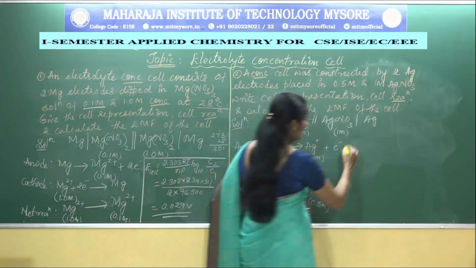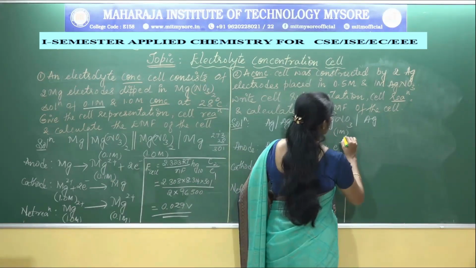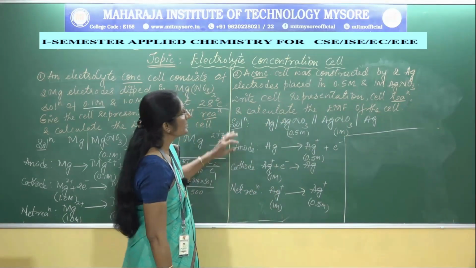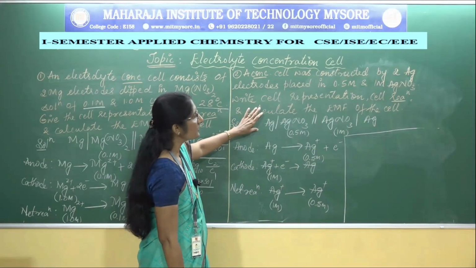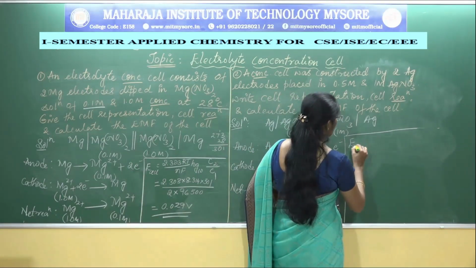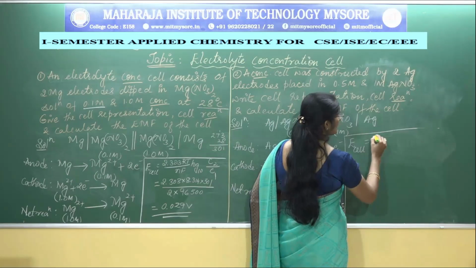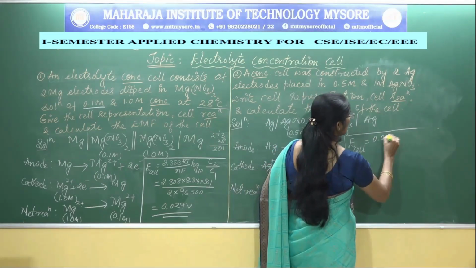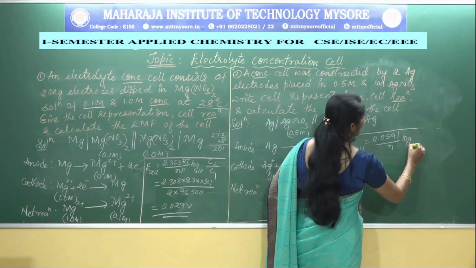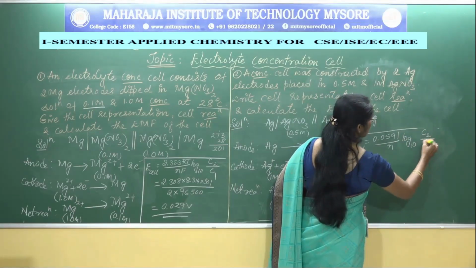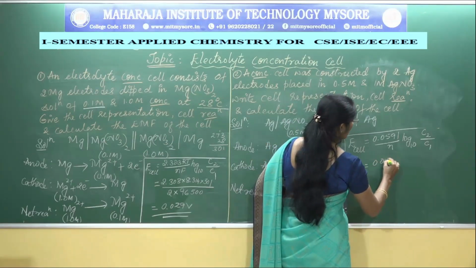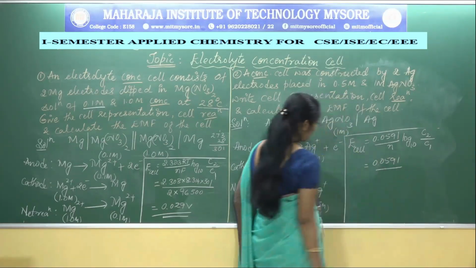Then the EMF for the concentration cell. What is the general representation to calculate the EMF of a cell? Observe that here they are not mentioning the temperature. So write down the general representation for E cell of a concentration cell, that is 0.0591 divided by n log base 10 of C2 divided by C1. Substitute the values: 0.0591, what is the n value?